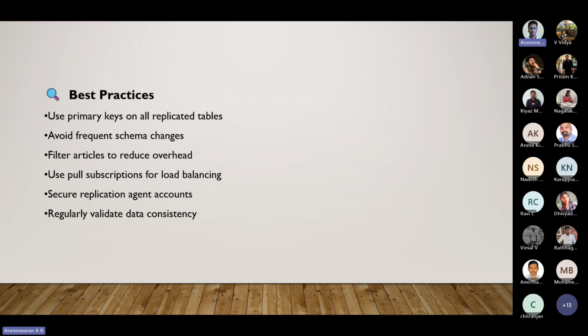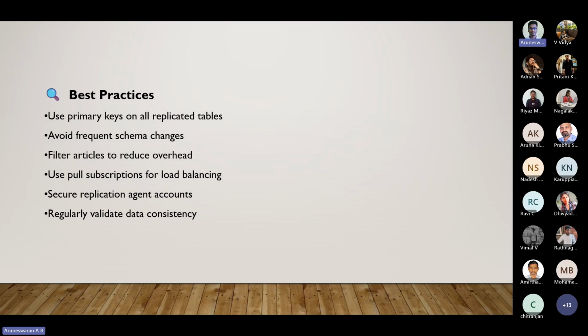Here I have mentioned the best practices of this replication. If you are going to replicate a table, you must have one primary key in the replicated table. A table without a primary key can't be replicated from publisher to subscriber.